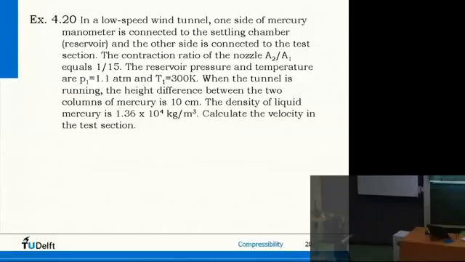The reservoir pressure and temperature are given, and the height difference of mercury is given, where one side was connected to the settling chamber and the other side to the test section. The density of the mercury is given. So the question: calculate the velocity in the test section.